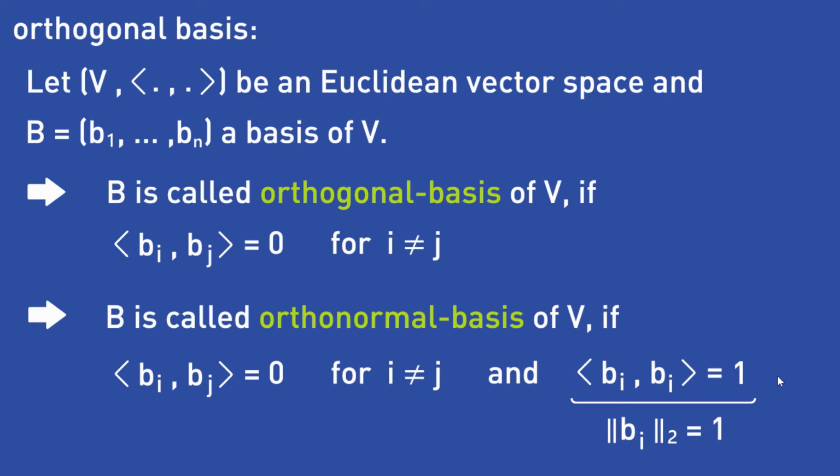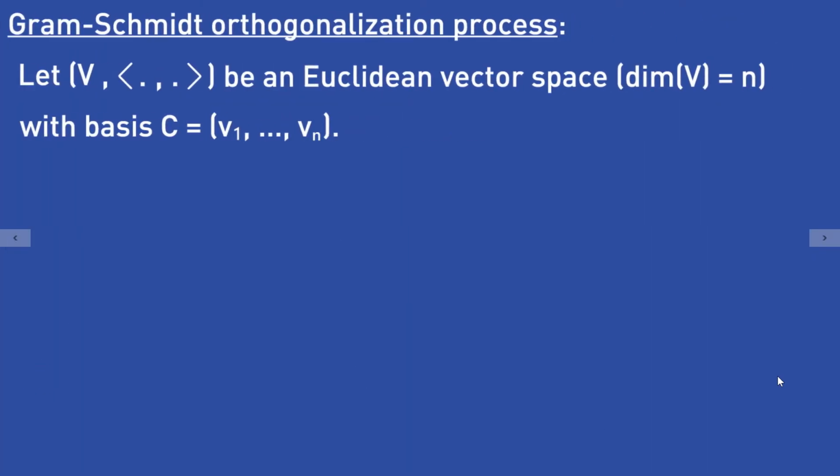Now we will take a look at the Gram-Schmidt orthogonalization process that tells us how to orthogonalize a given basis C. Let V be an Euclidean vector space of dimension n with a basis C = (v1, ..., vn).